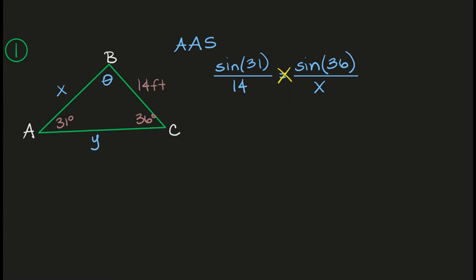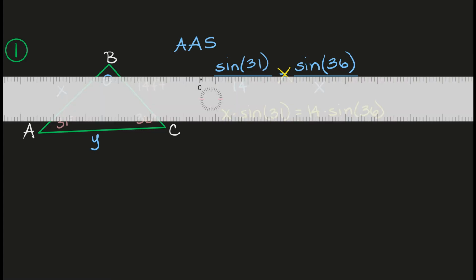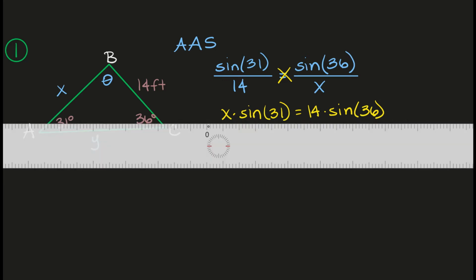So here we can cross multiply. And we want to isolate x. So we're going to divide by what they're multiplying by.